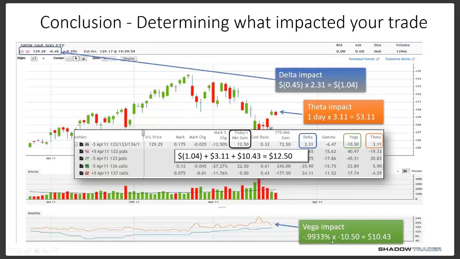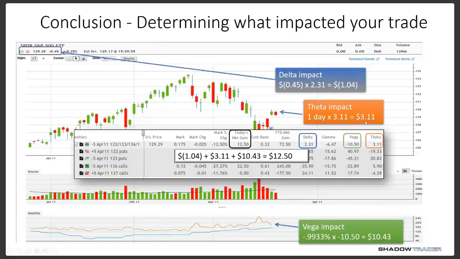So that times a negative 10.5 Vega actually gives me the positive $10.43. So I'm losing $1.04 because of the decline in price. That's the delta impact. I'm gaining $3.11 on the theta. And this is net theta, by the way.